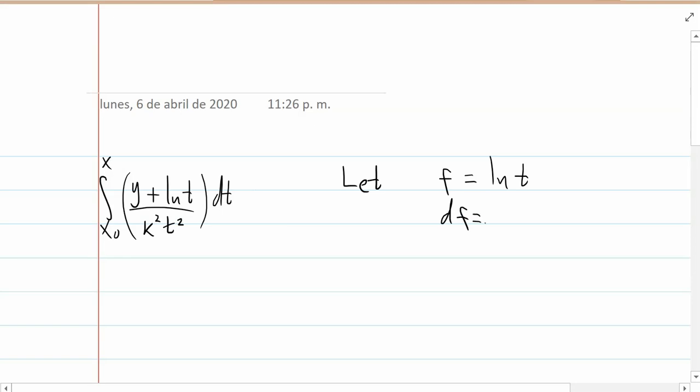Then df is equal to 1 over t dt. And I'm going to have that dv is equal to 1 over t squared dt, and v is equal to negative 1 over t.